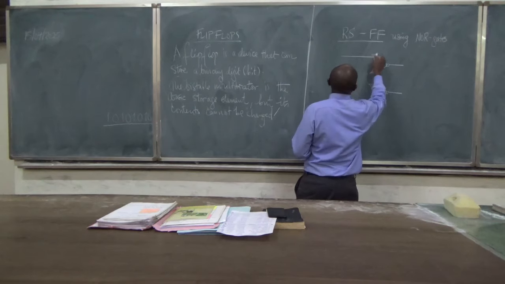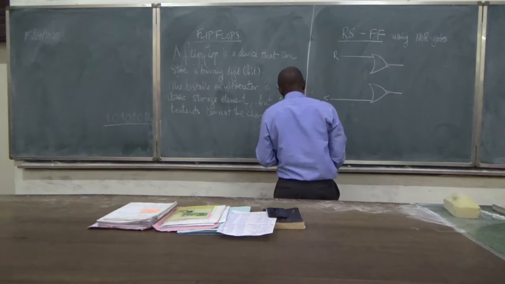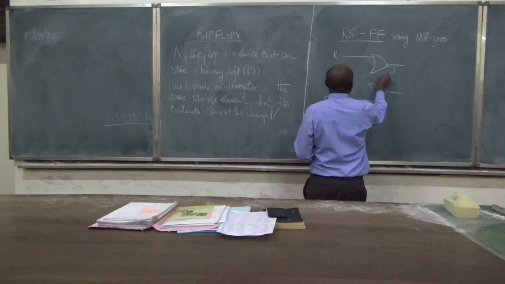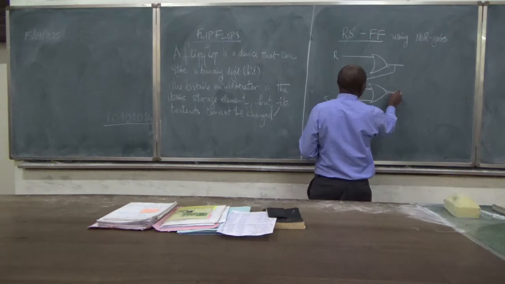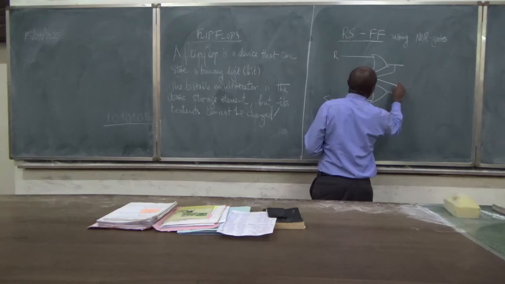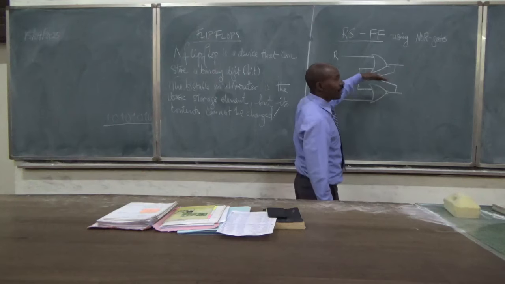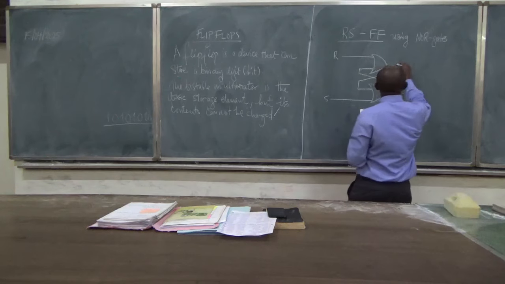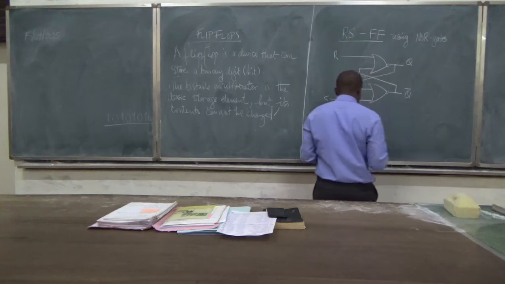So we have 2 inputs, reset and set. When we reset, we get the output and feed it in here. And then the output of the set, we feed it in this part here. Of course, the reverse of set is reset. And then here we get the outputs, a Q and a Q bar.